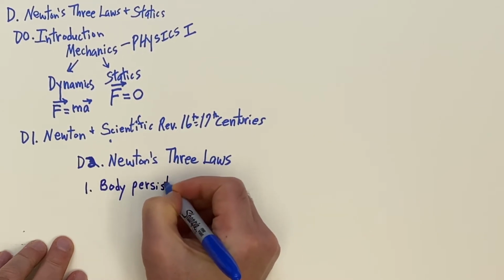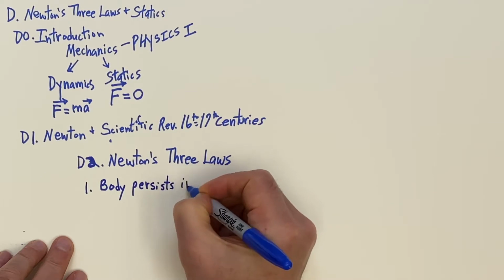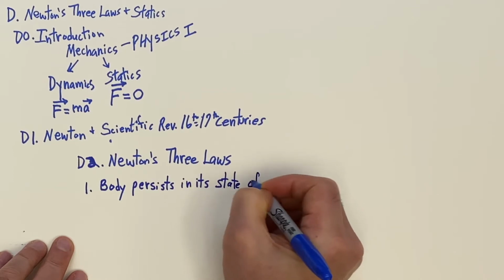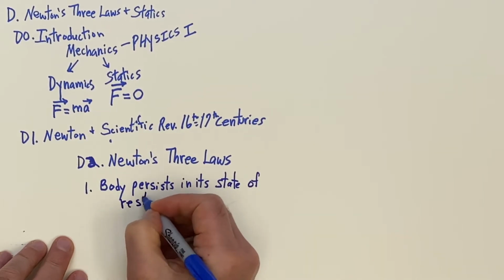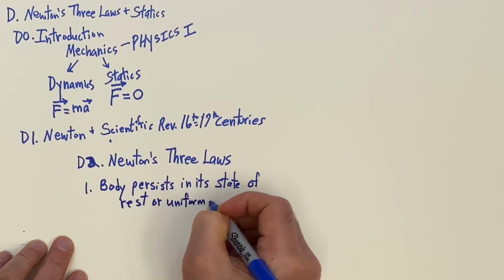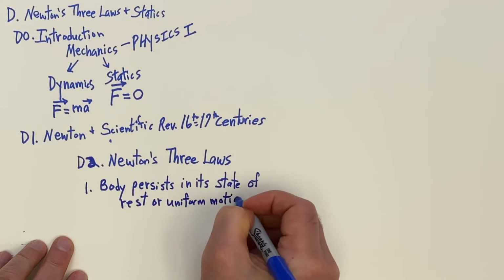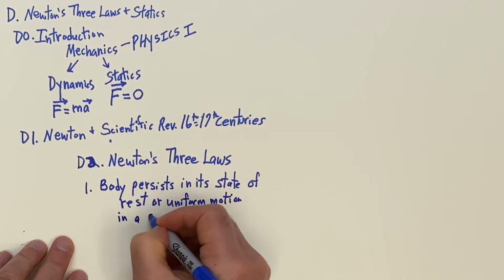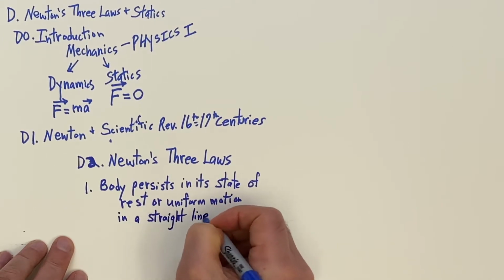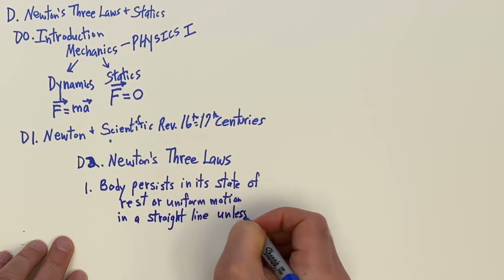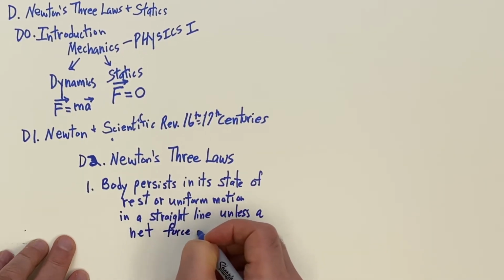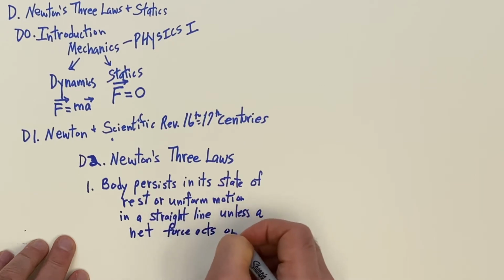So we'll go ahead and list this as one, and that is that a body persists, I'm going to say it like this, in its state of rest or uniform motion in a straight line unless a net force acts on it.